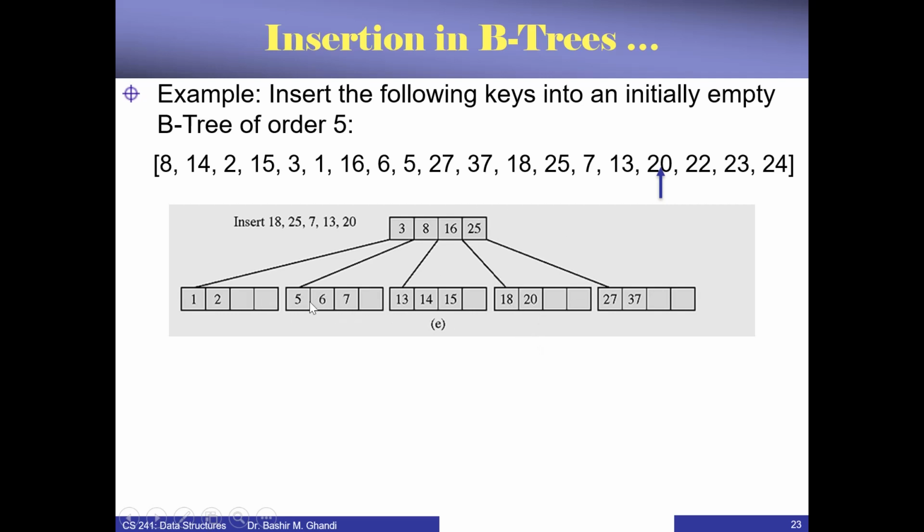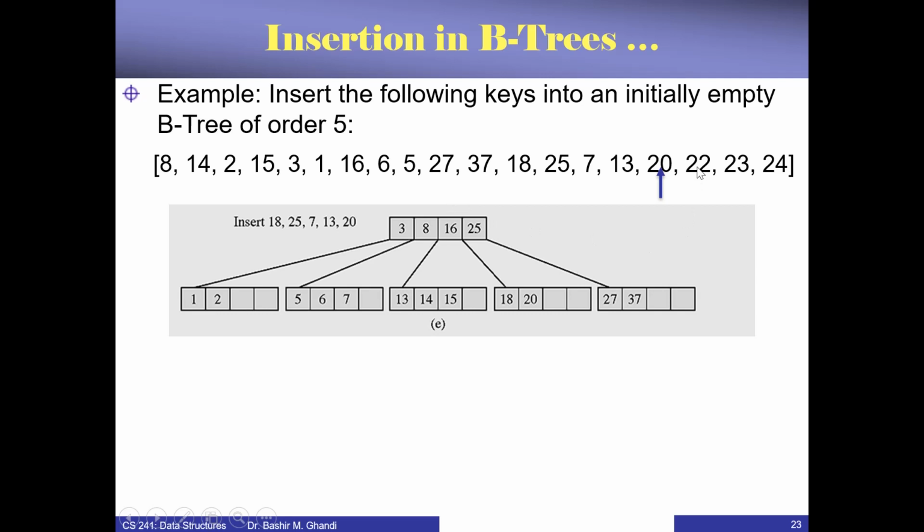Otherwise, just keep shifting and putting the elements. Okay. So this is the state we have after inserting 20. Now our root is full. If there is any splitting again, we have to split even further, and we're going to create a new parent.